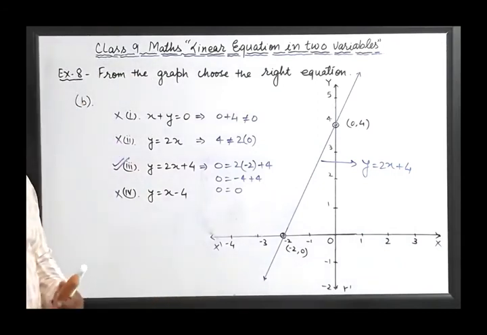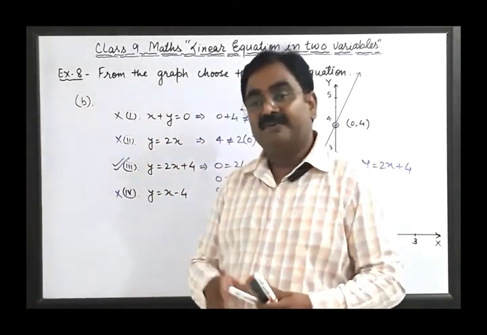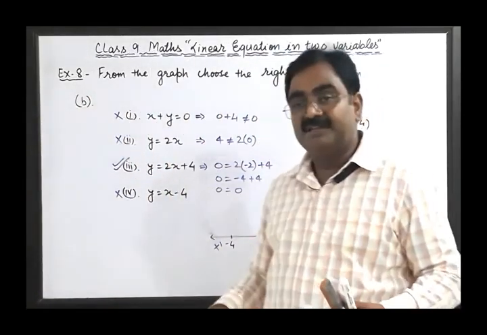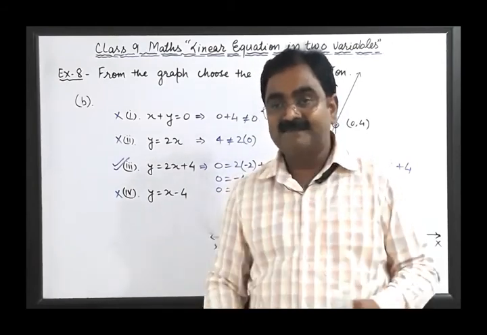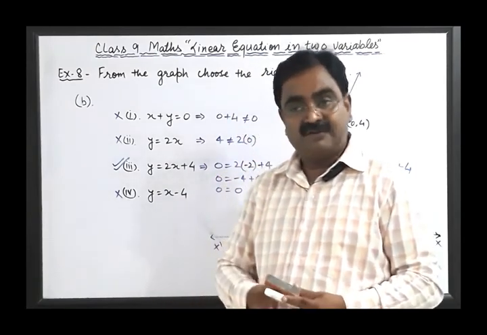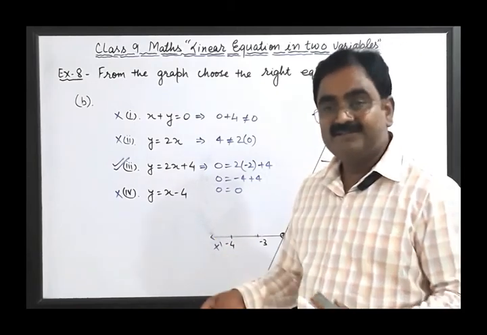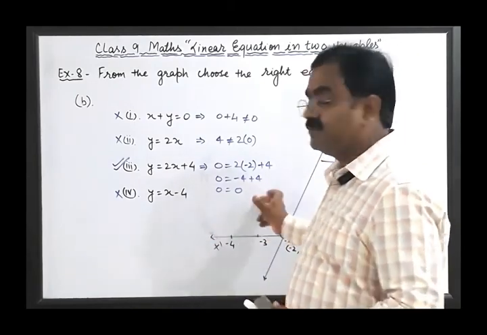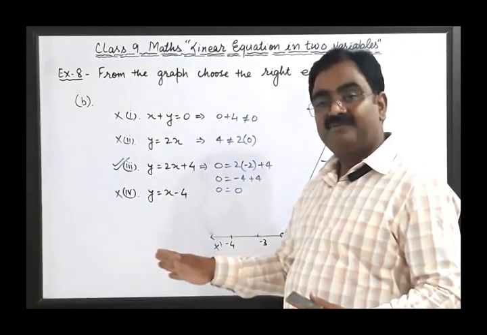Right, children? The important thing is, now we have completed all the examples related to this exercise. You have to complete the coming exercise. I think it is 4.3, which is related to the graph of the linear equation in two variables, and we have read it very nicely and clearly how to draw the graph and how to recognize the equation from the given graph.